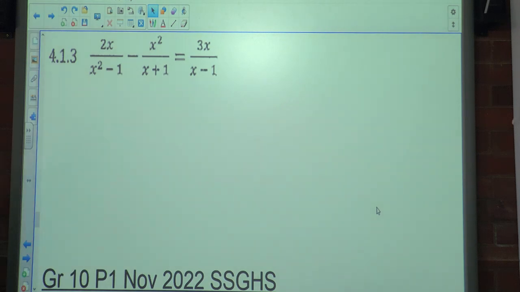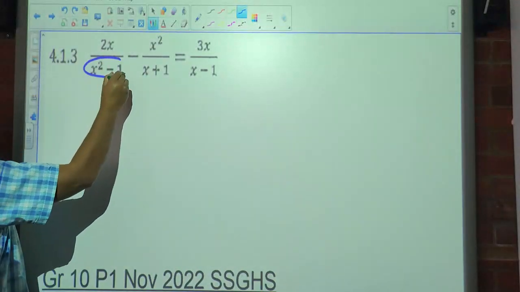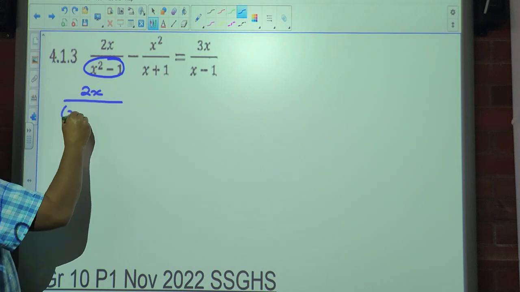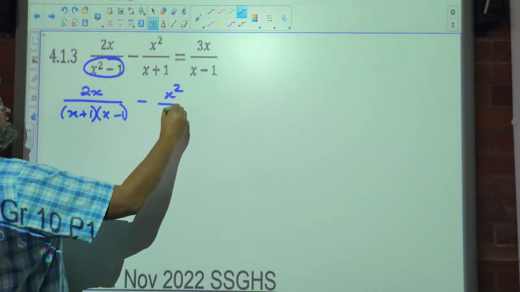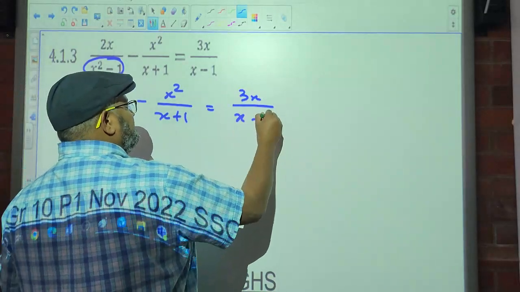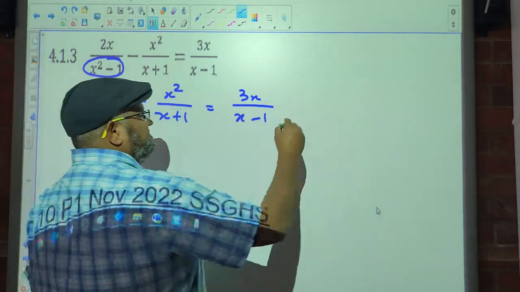Right, so where do we start? Factorize the denominator, not so? That can factorize into x plus 1, x minus 1. Minus x squared over x plus 1 equals 3x over x minus 1. People, what is my LCM here?